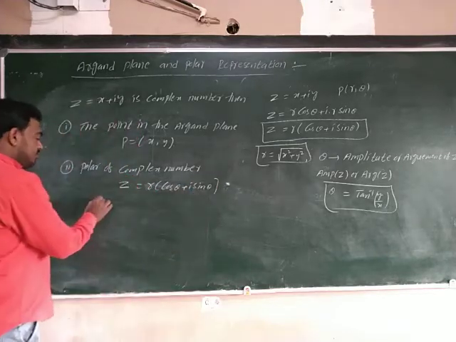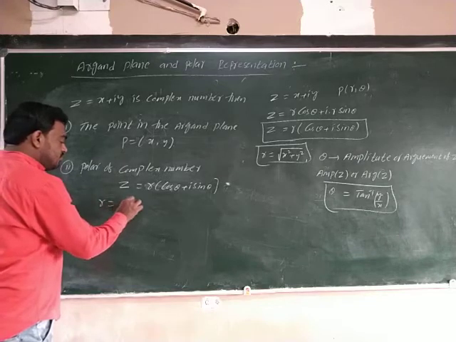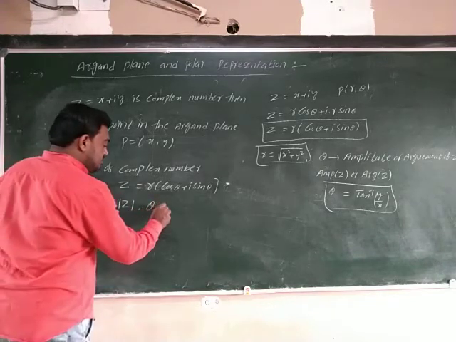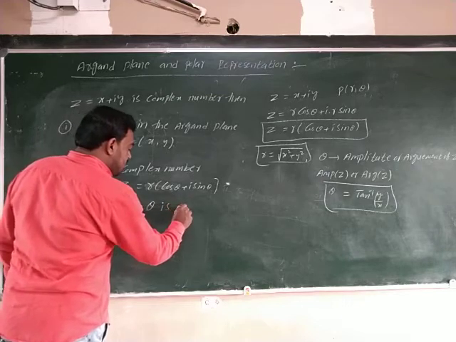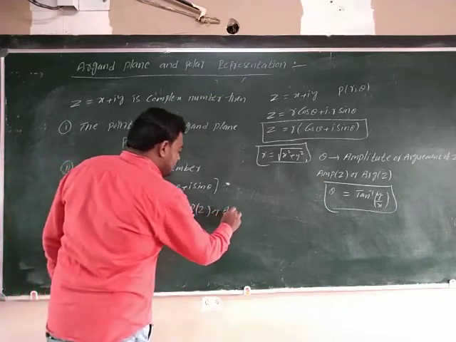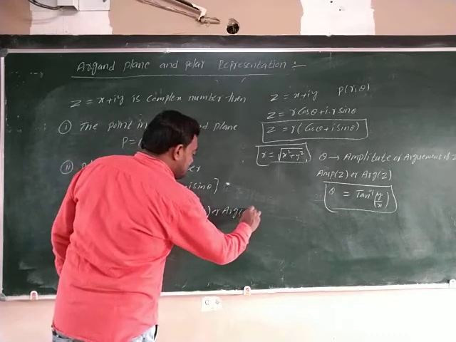Here r is the modulus of z and theta is the amplitude or argument of z.